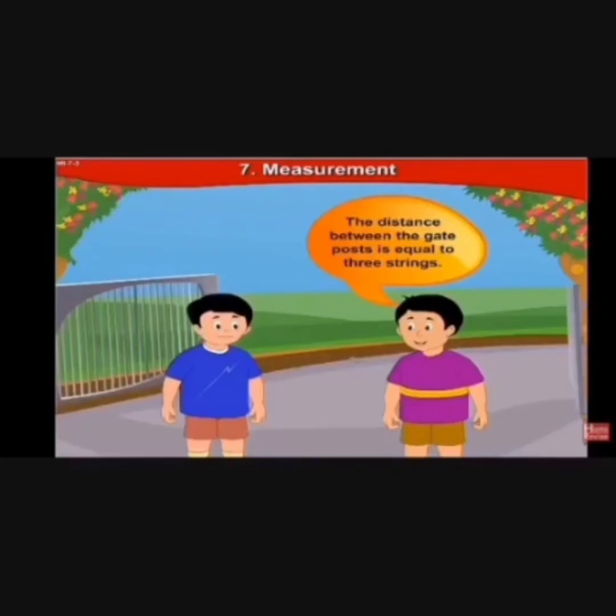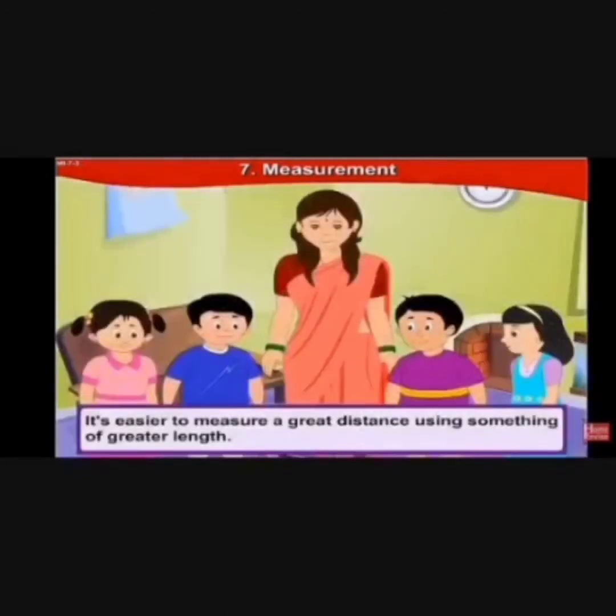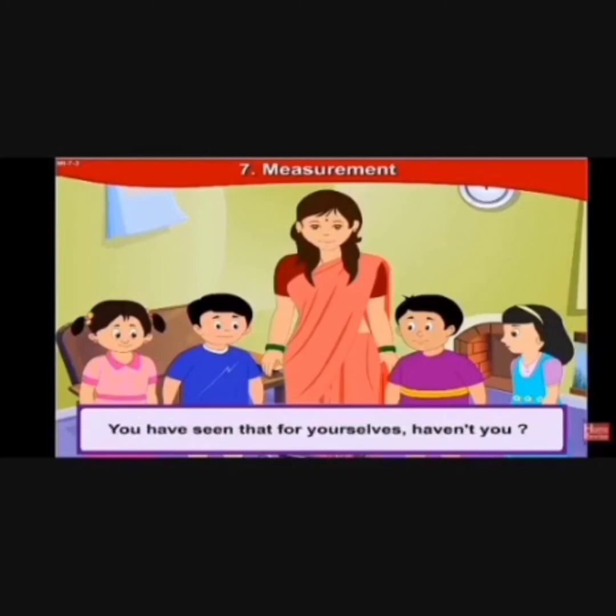The distance between the gate posts is equal to 3 strings. It is easier to measure a great distance using something of greater length, and to measure shorter lengths, it is easier to use a shorter thing. You have seen that for yourselves, haven't you?